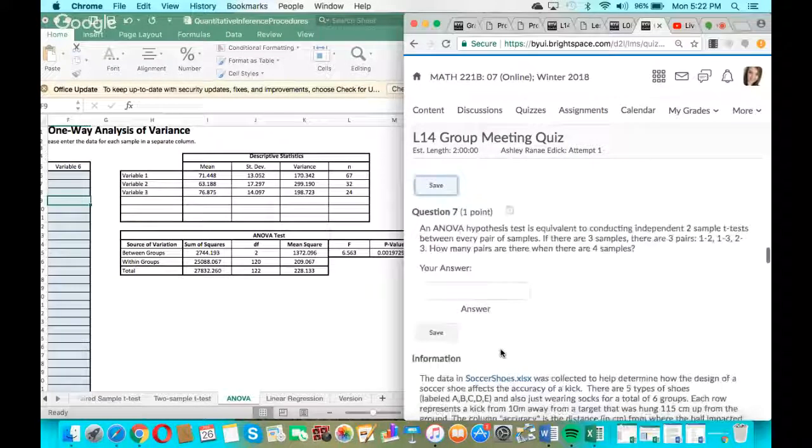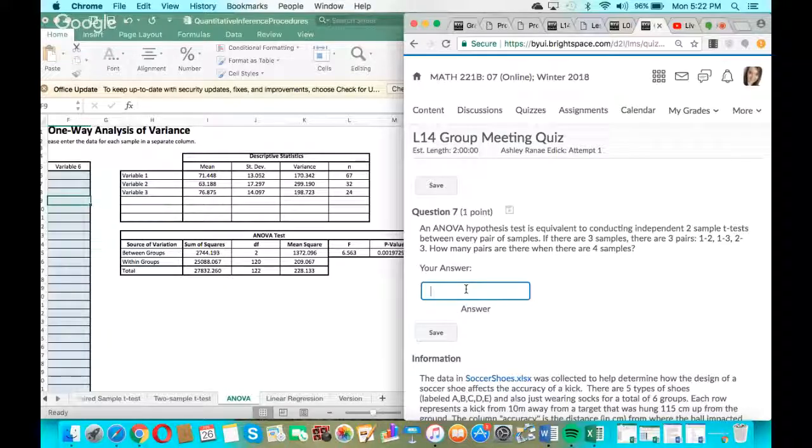An ANOVA hypothesis test is equivalent to conducting independent two-sample tests with every pair of samples. If there are 3 samples, there are 3 pairs. How many pairs are there when there are 4 samples? Okay. I think I'm finally understanding what it's asking. So 1 and 2, 1 and 3, 2 and 3.